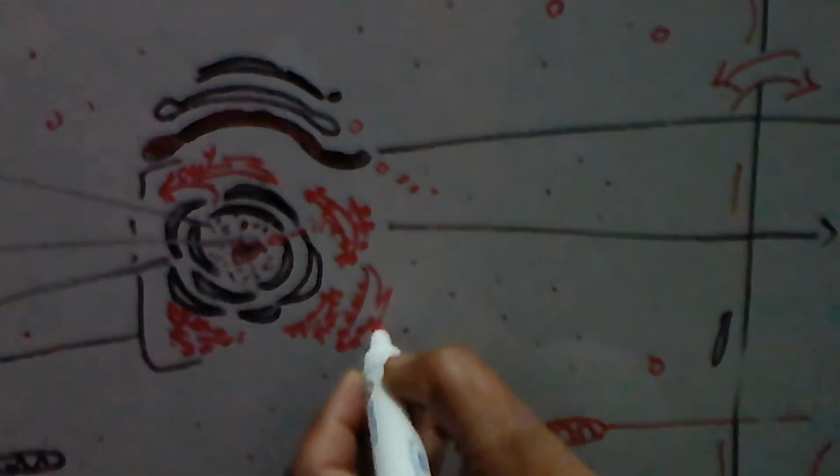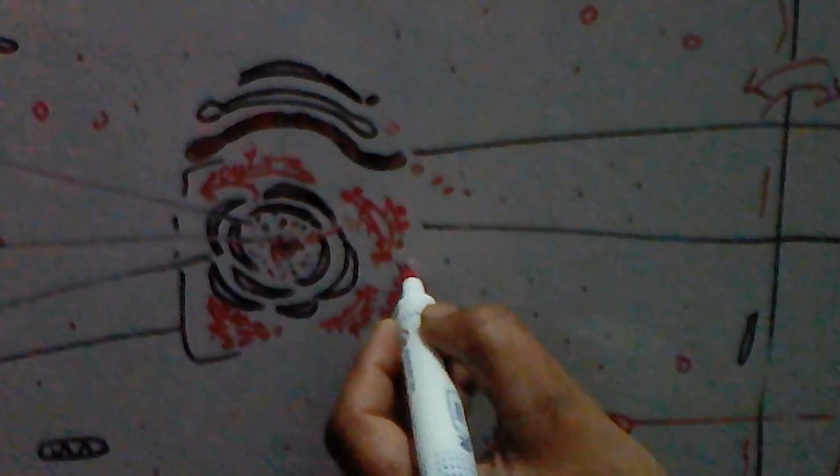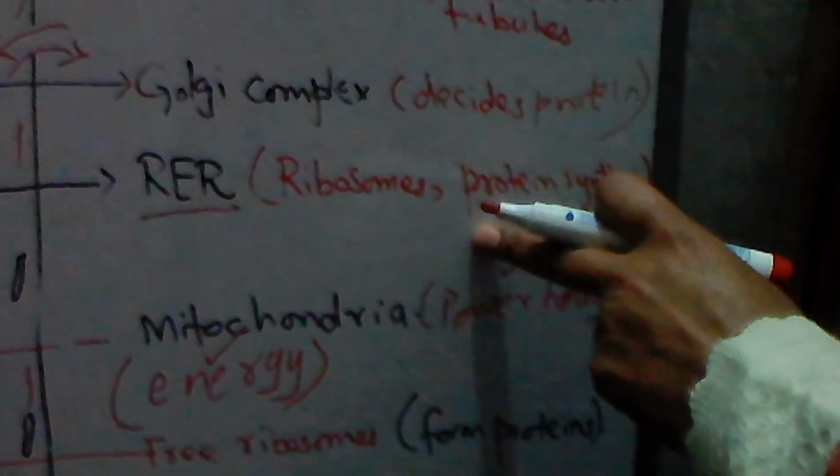I can also show you by drawing the structure of the endoplasmic reticulum, these are the ribosomes which are attached on its surface. So its function is protein synthesis.